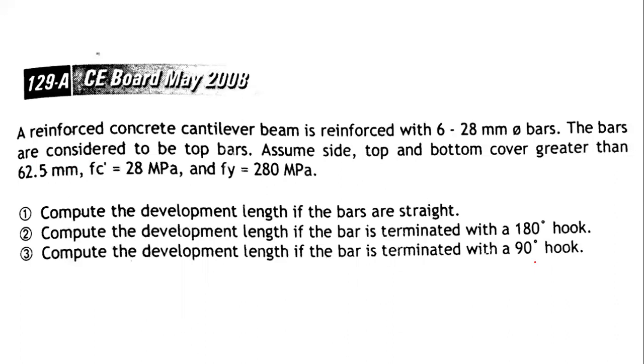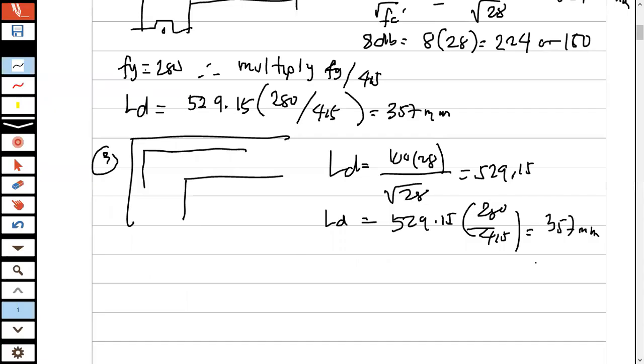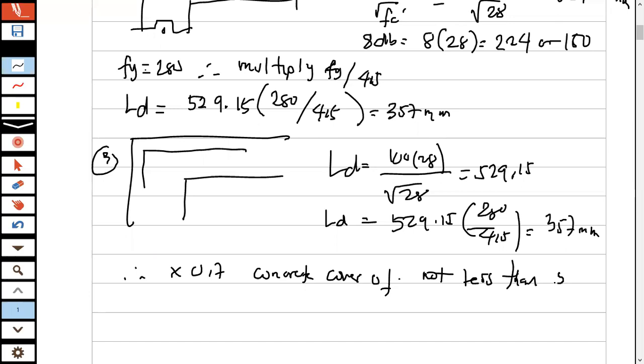Cover greater than 62.5. So there will be a factor of 0.7. So yung 357, therefore, multiply by 0.7 para doon sa concrete cover of not less than 50 millimeter.